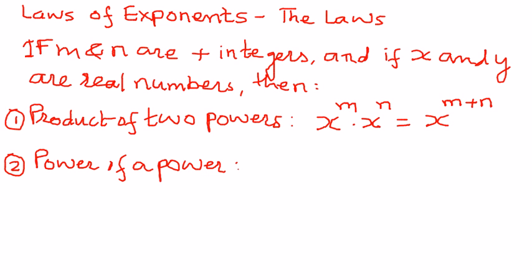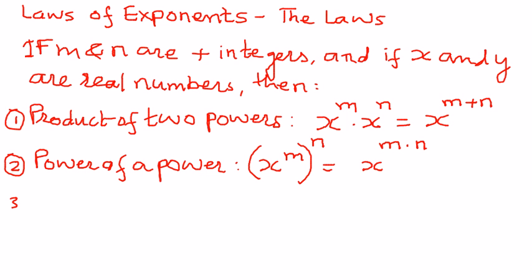And then here we're going to say, if we have an exponent x to the power of m of that nature, and if this exponent is raised to another exponent to the power of n, the way we're going to write this one out is as follows. We write the base and we multiply the exponents, m times n, m multiplied by n. So that is the power of a power rule.